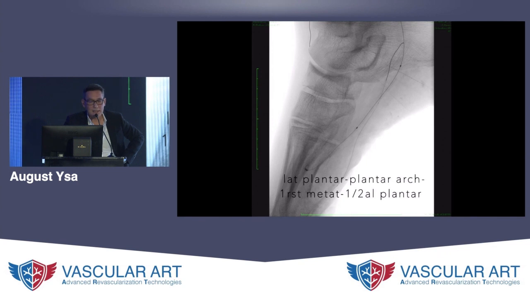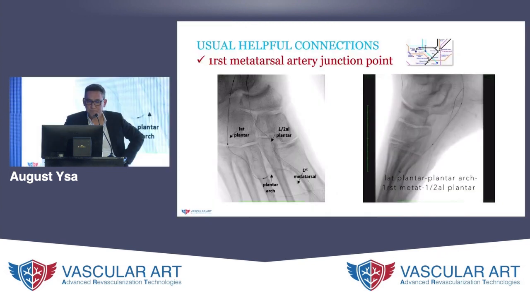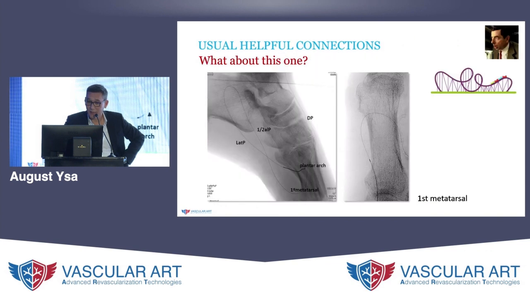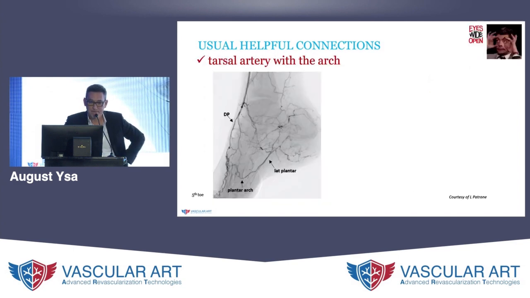And this can be clearly seen in this lateral view. But if you think that this is sexy, what do you think about this? This is the wire coming from the DP, plantar arch, first metatarsal, getting back, medial plantar, and then forward into the lateral plantar, again back into the arch.